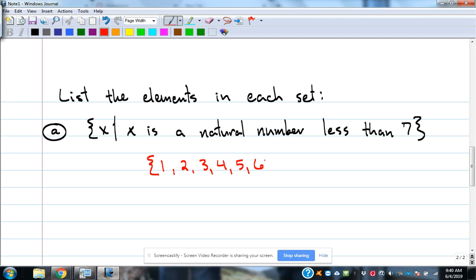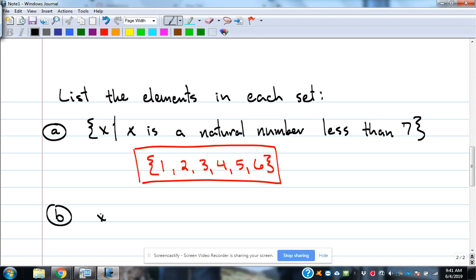We don't include 7 because it said less than 7. So that's why we stop at 6. And this would be the set that lists all the elements of that particular set.